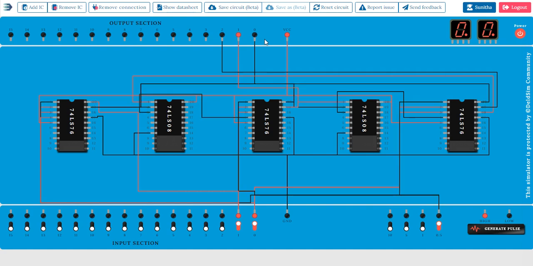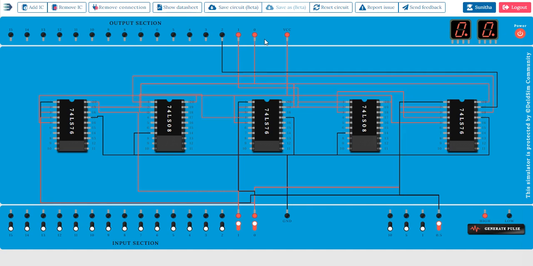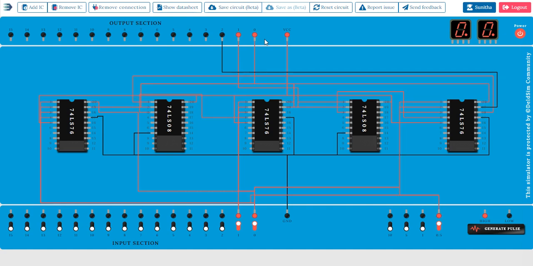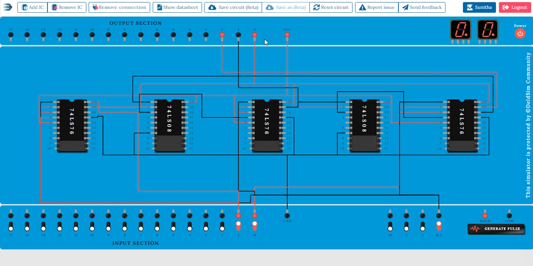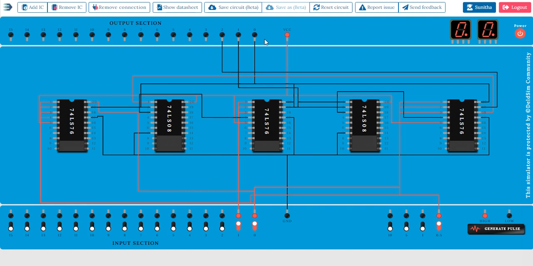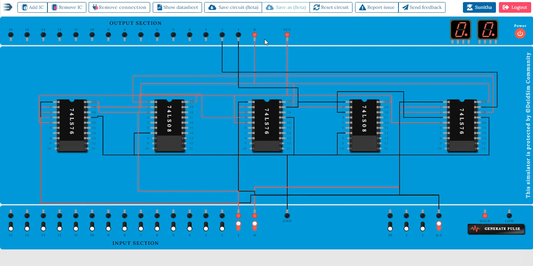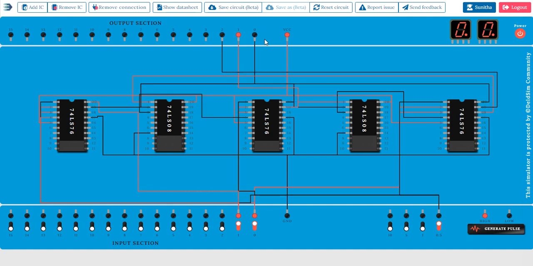So it moves from 000 to 101, and after 101 it moves back to 000. From this, we can easily realize the design of a counter for the counting sequence 0 to 5 using a simulator.